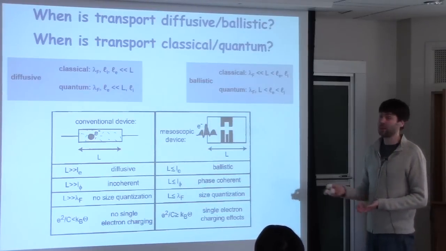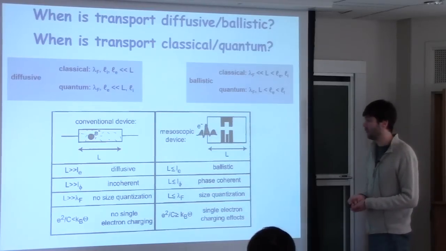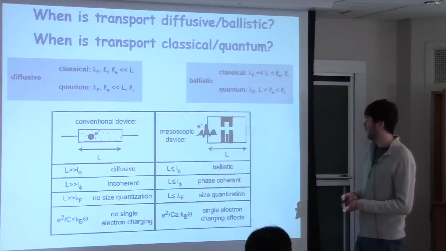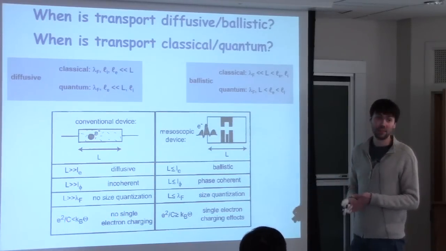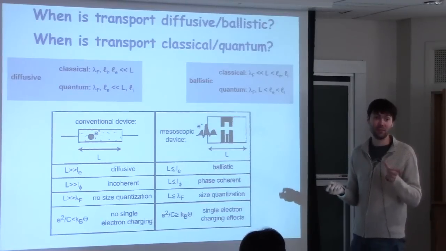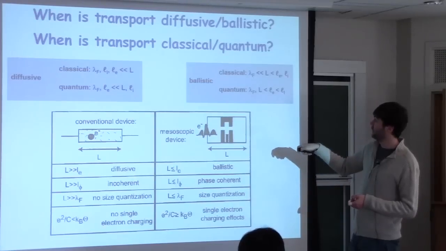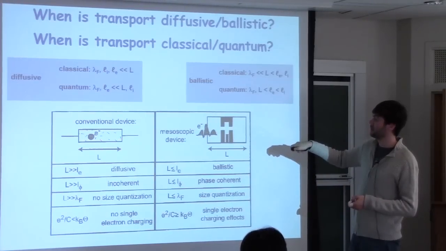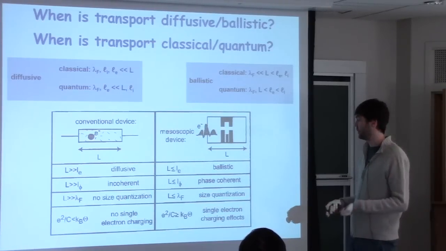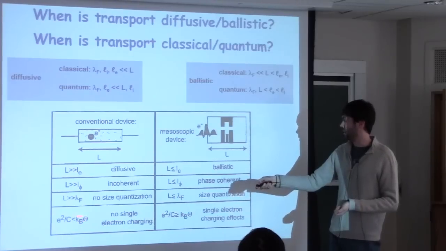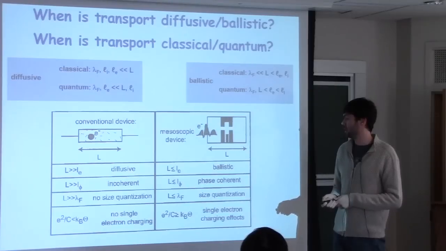But we can also compare these four length scales to other length scales in the system. For example, we can define a charging length scale, or remember, capacitance is roughly proportional to the size of the system. So we can ask ourselves whether for a given classical conductor, charging effects are important. Single electron charging. Well, if this condition is satisfied, then single electron charging is not important.